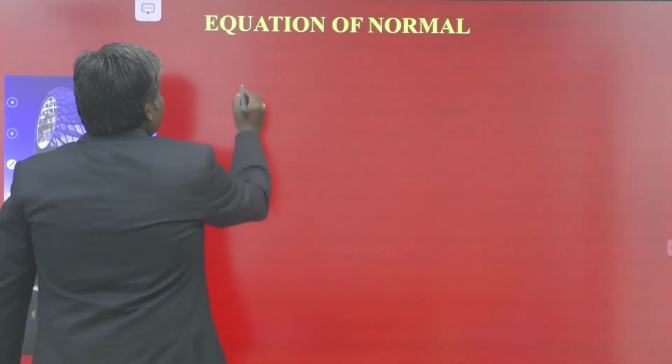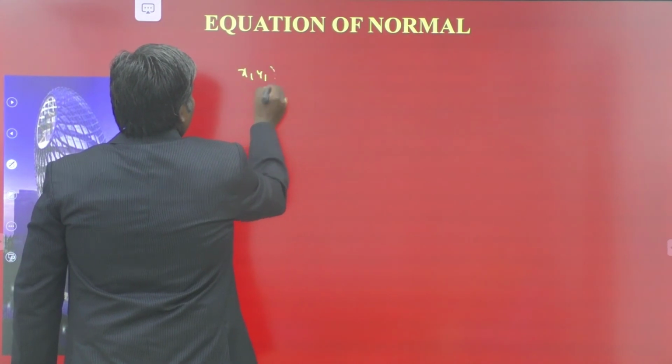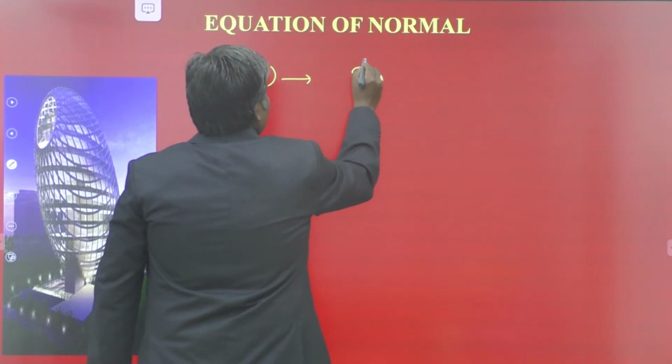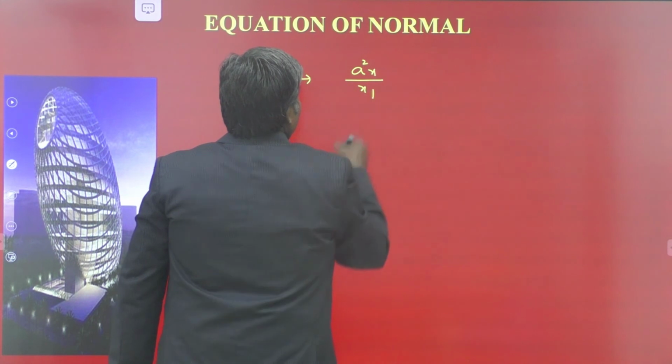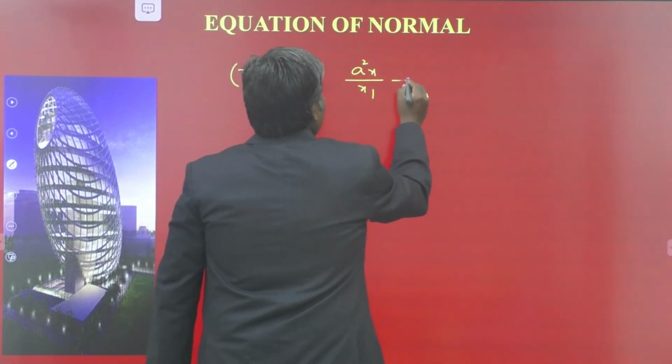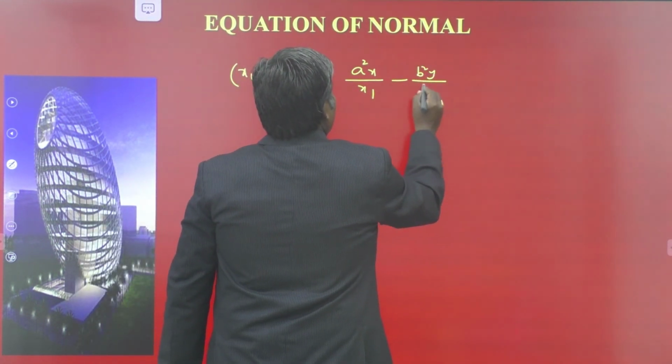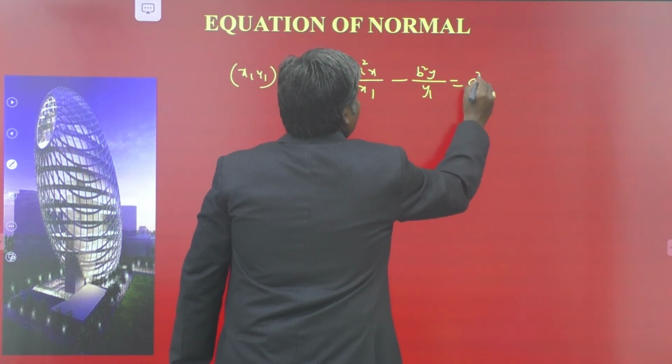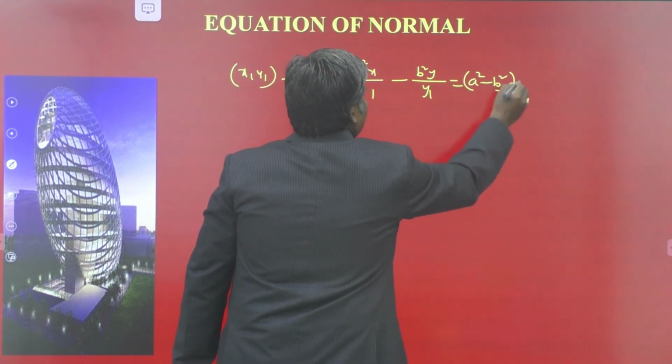Now, what is the equation of normal at x1 y1? This is a square x by x1. Remember students, this is a very important formula. Minus b square y by y1 is equal to a square minus b square.